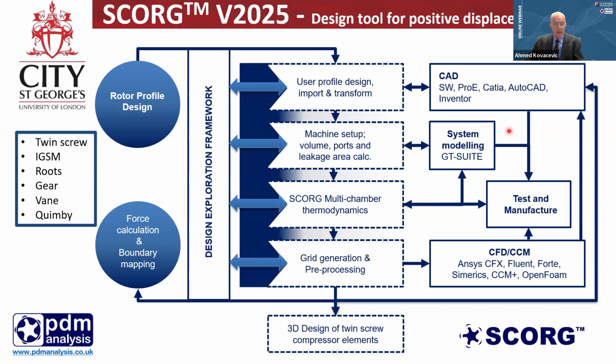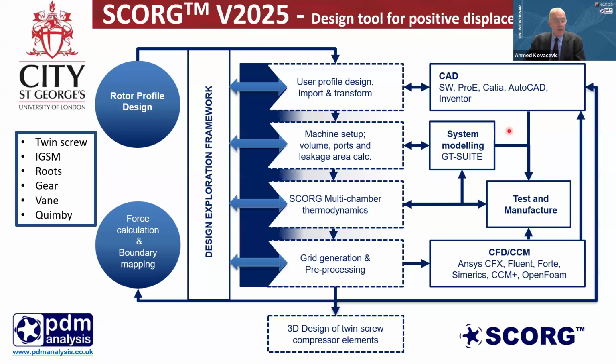So SCORG is a comprehensive software that allows you full cycle of design and analysis of these machines, from rotor profile design and handling of profiles from CAD or other software, through calculation of volumes, ports, and other important geometrical elements of a machine, so that that can be analyzed either by multi-chamber thermodynamics that exists in SCORG or within, for example, GT-SUITE.